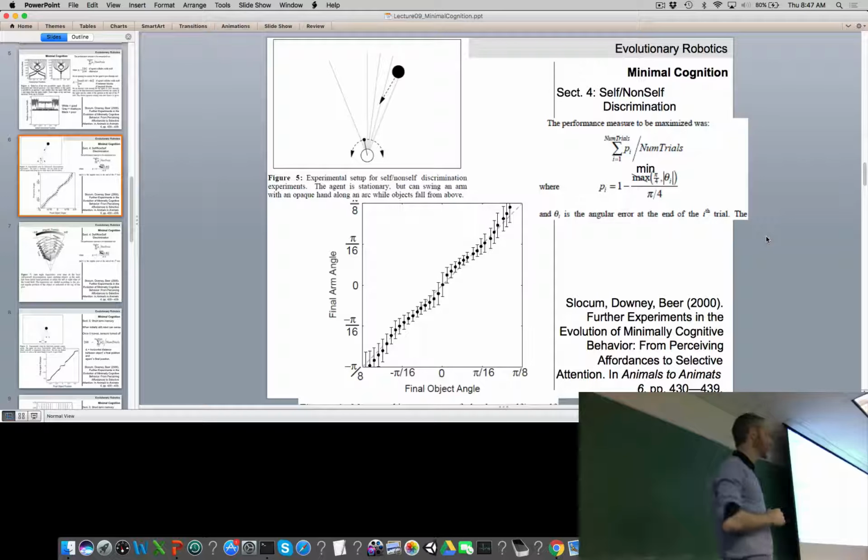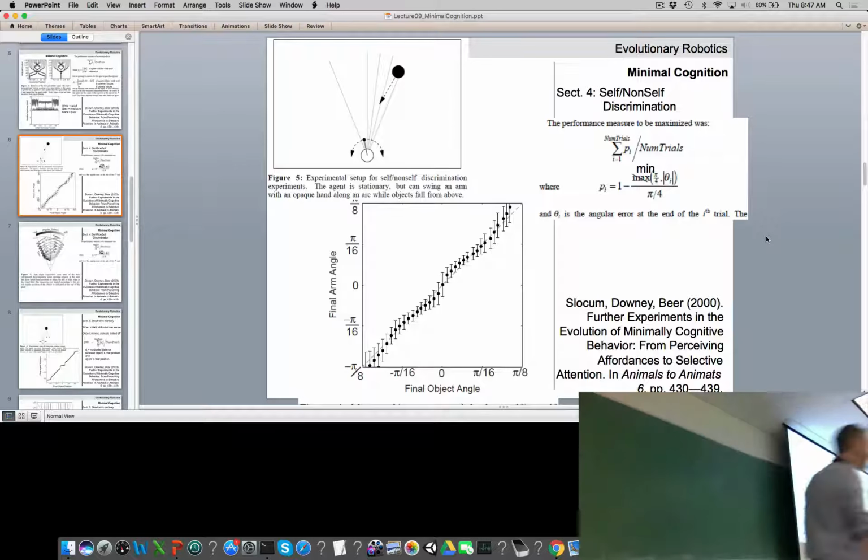Why absolute theta sub I? Because it starts in the middle. Not because it starts in the middle. Theta sub I is the angular error. It's the angle between where the object hit the robot and where the arm actually was. Because the negative angle would give you a positive, like a value over 1. Yes, that's right. That's part of it.